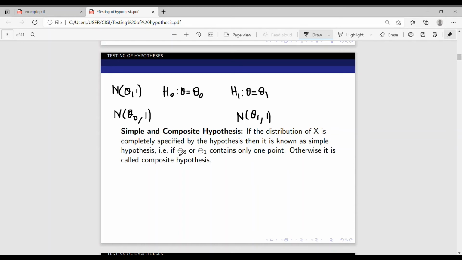Now the general notation: H naught: theta belongs to capital theta naught, against H1: theta belongs to capital theta 1. Suppose capital theta naught and capital theta 1 contain only one point each.